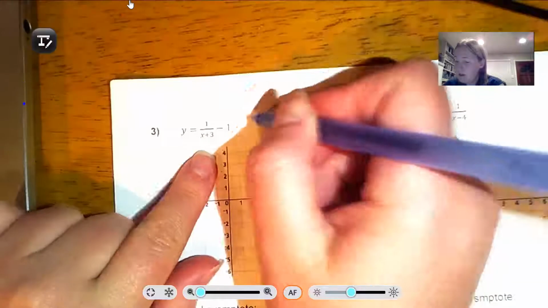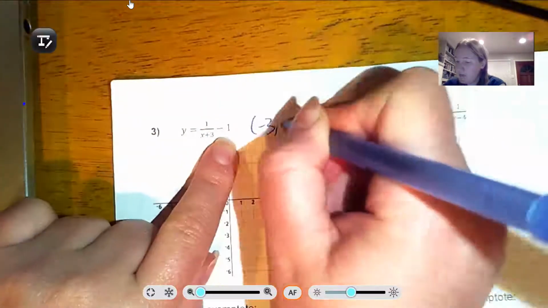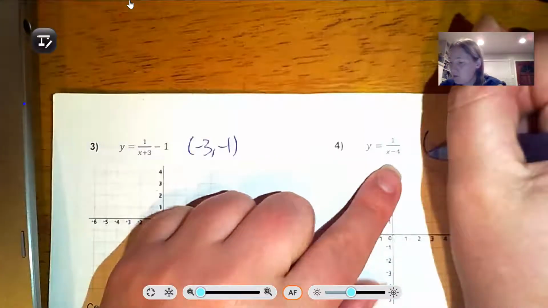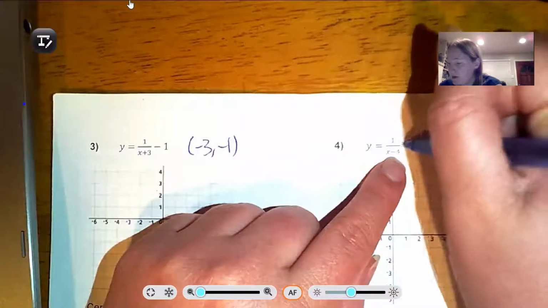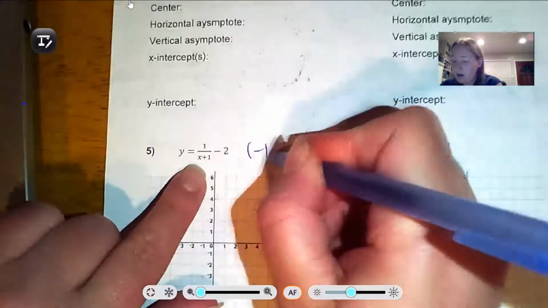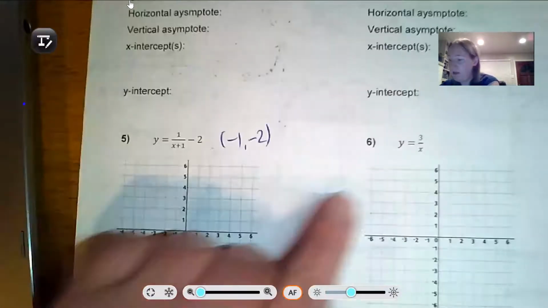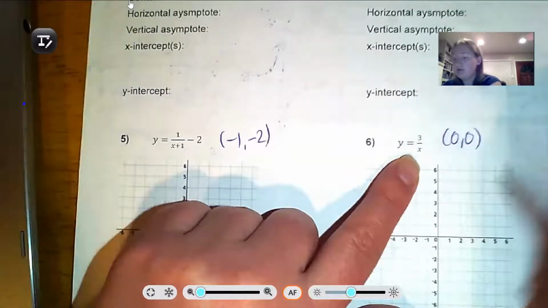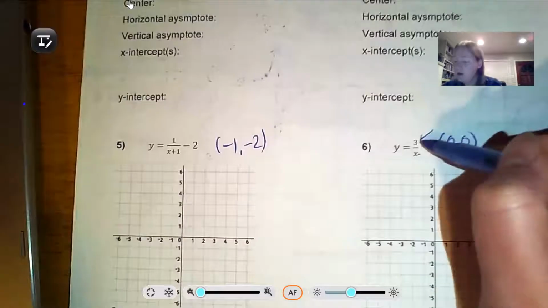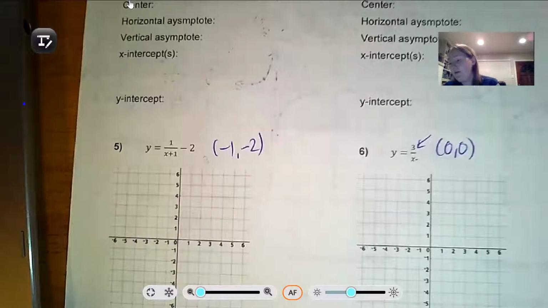So same shape, negative 3, opposite same. Just want to review this HK because it's going to come up quite a bit throughout this course with graphing opposite, and then this is like plus 0, so 4, 0 is the center of that one. This one would be negative 1, negative 2, and this one would be 0, 0 because it's plus 0, plus 0. This one has a 3 here, and so it'll behave a little bit differently.